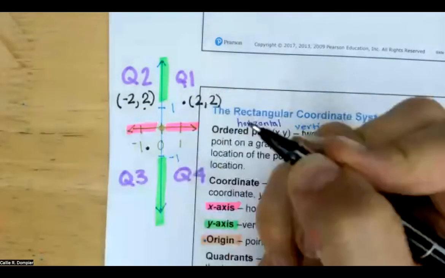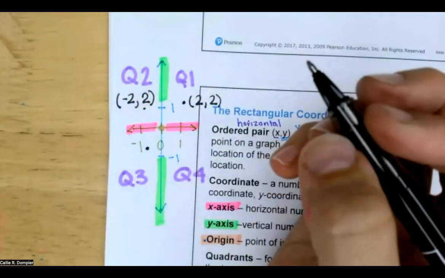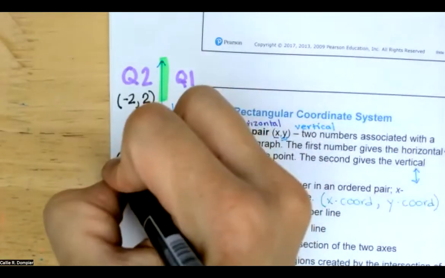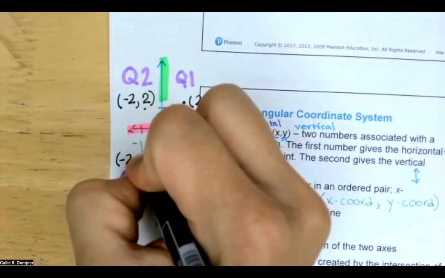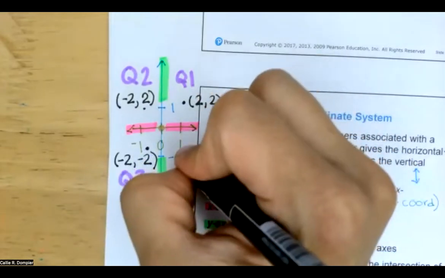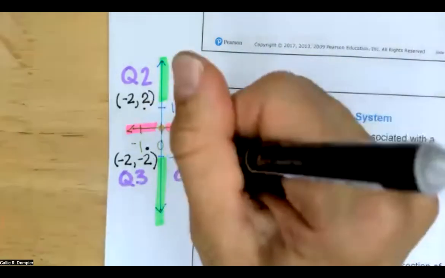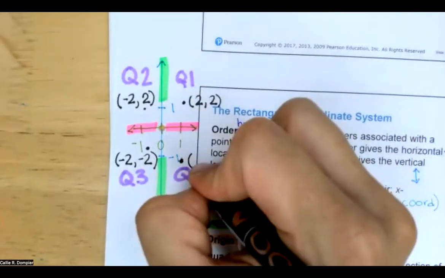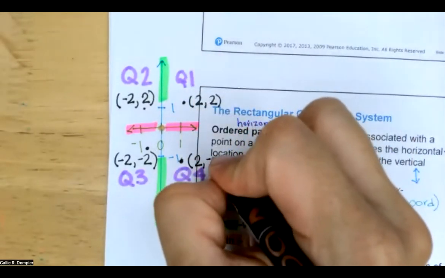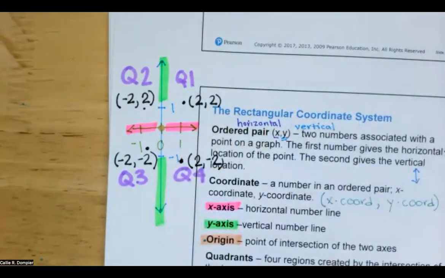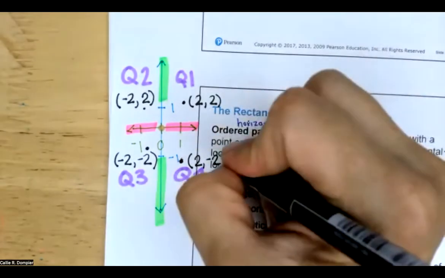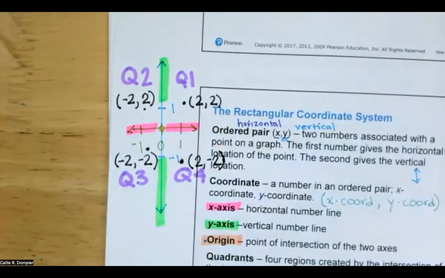If I went into quadrant 3, that's actually negative on both the x and the y, so that would be -2, -2. And then this point, not very accurate because I put it above that -1, this point would be positive x, negative y. So that's how the quadrants determine whether a term is negative or positive. Good? All right.